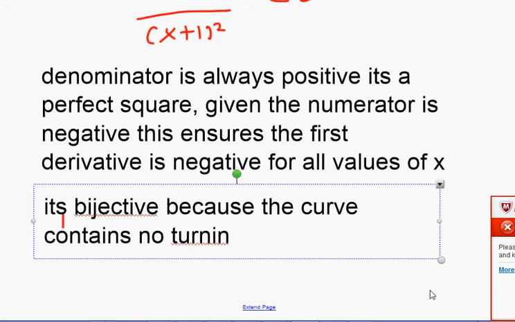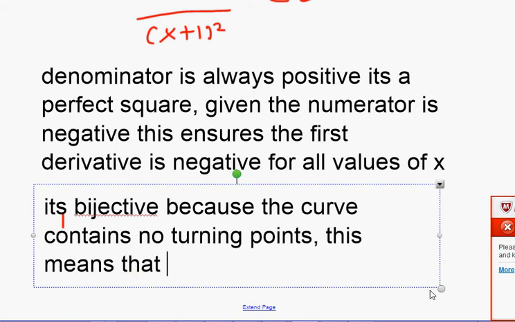Do you know what I mean by turning points? Turning points means that one output gives you two inputs. Contains no turning points. This means that each output only has one input.